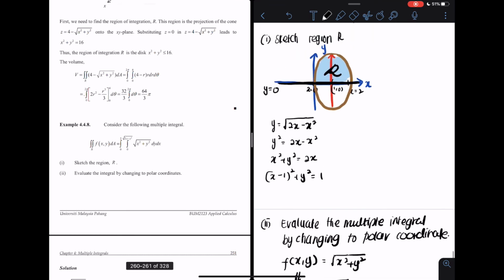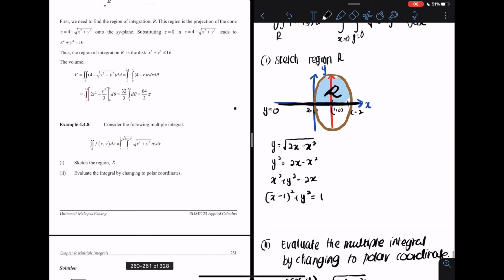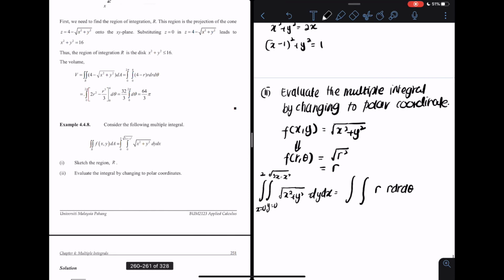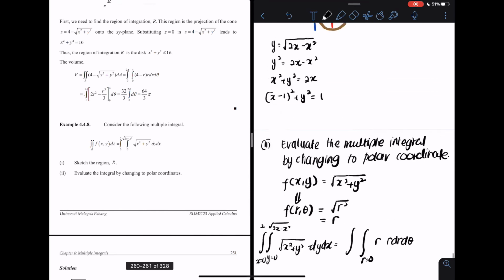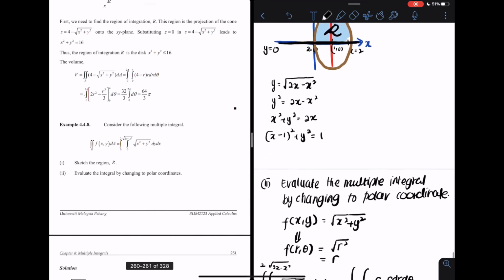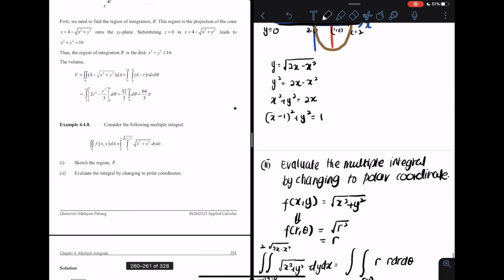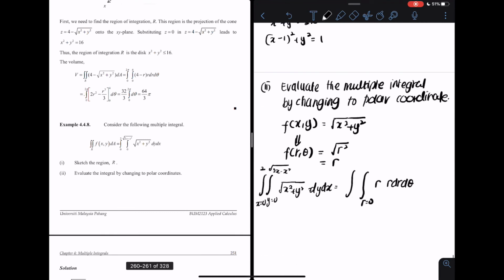So if this is our region R, it will start at the pole, r is equal to 0, and then it will touch the curve, and the curve is represented by this equation, which is x squared plus y squared equal to 2x. Then you transform this equation into polar coordinates. You will get r squared equal to 2 r cosine theta, so r is equal to 2 cosine theta.